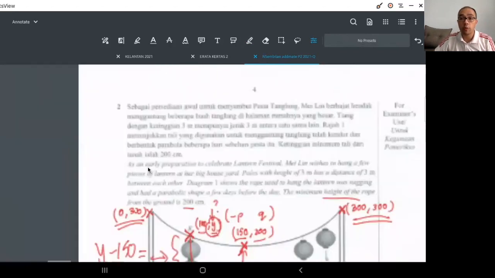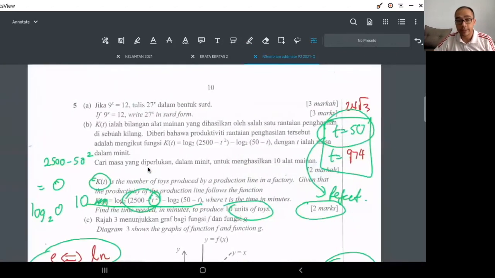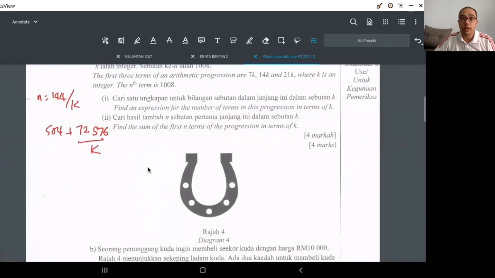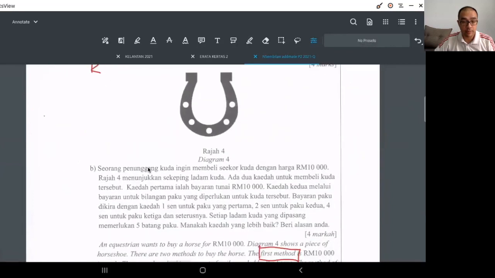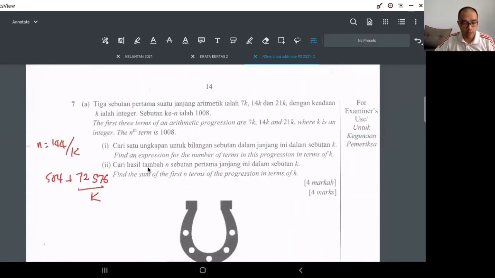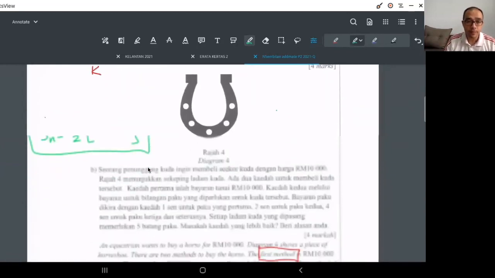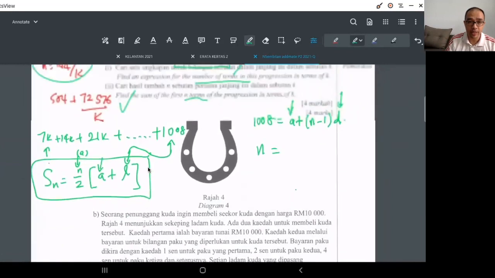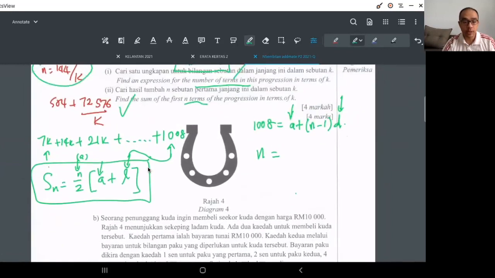They only give you the normal formulas. So it's good for you to know this one, the a plus l one. What happened to my writing? Oh no, it's erased. Sorry. Oh, it's there. Here it is. So this formula is not given, everybody. You have to know this now.